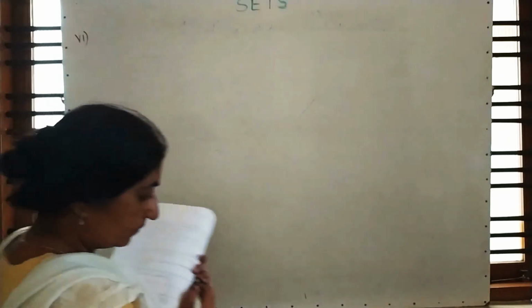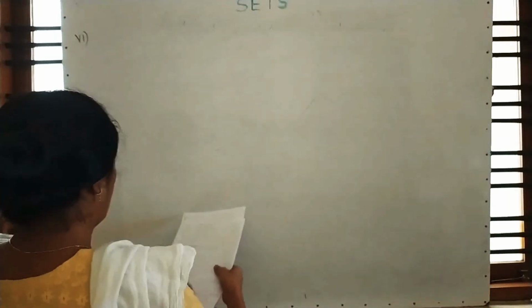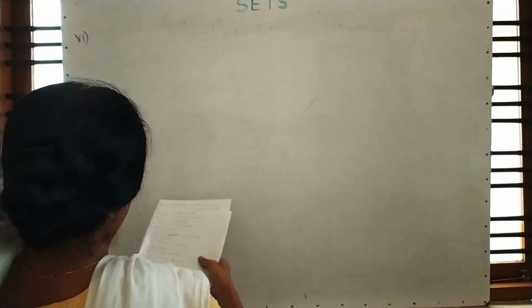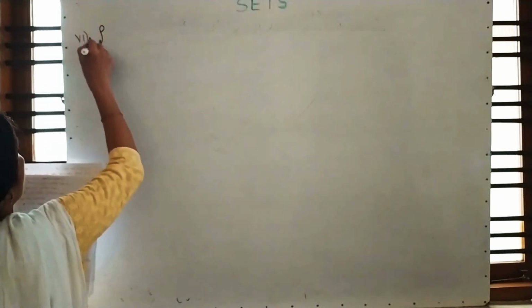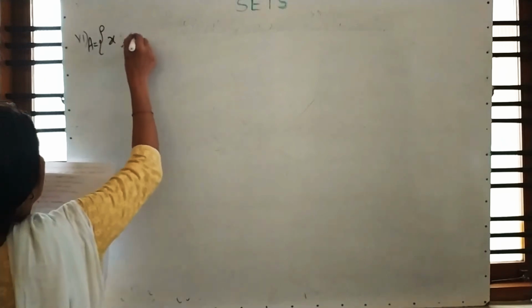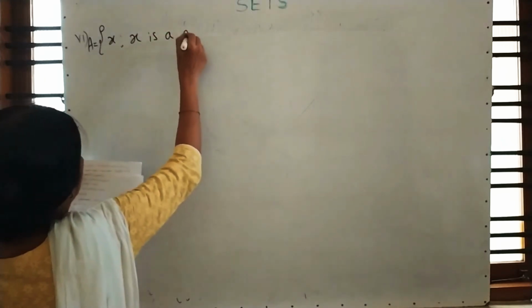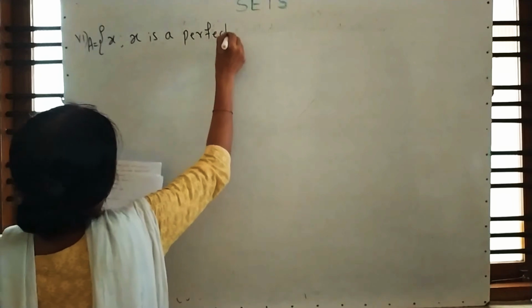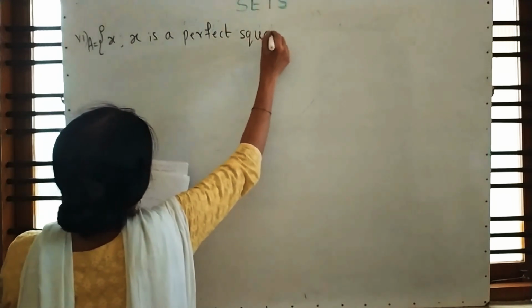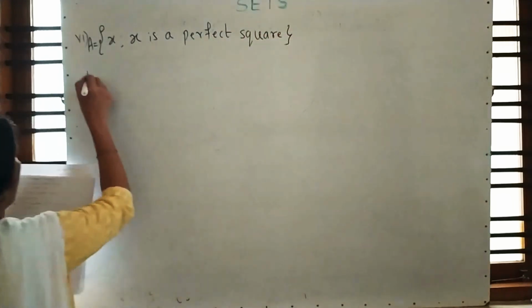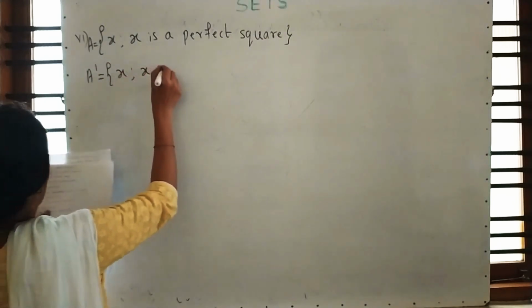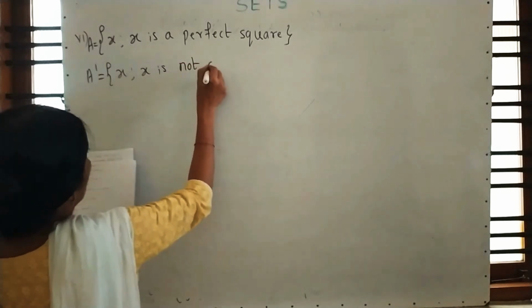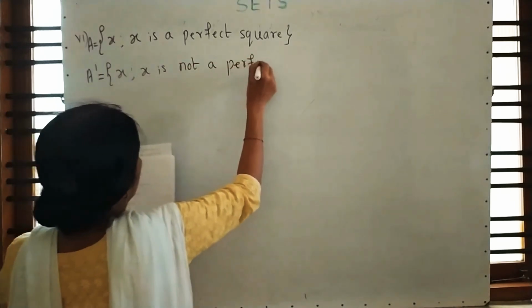Sixth question. x is a perfect square. Let us take A only. x is such that x is a perfect square. Then what will be your answer? x is such that x is not a perfect square.